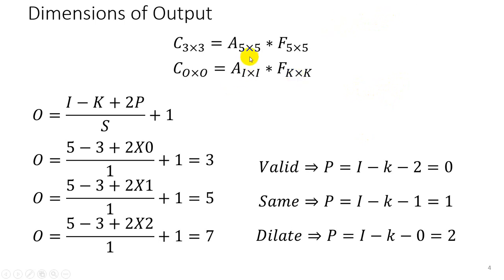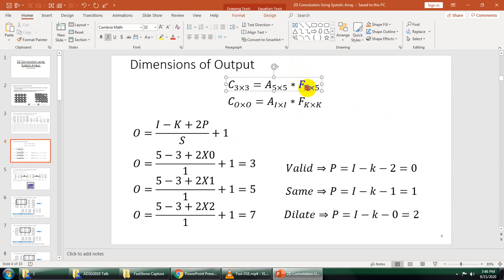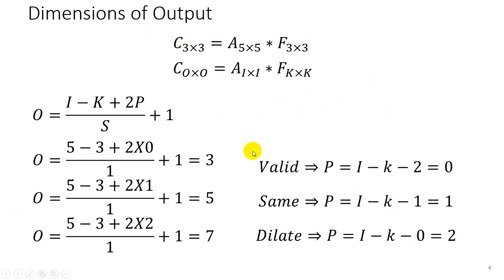If we have input matrix A and we convolve it with a 3 by 3 filter, because the filter should be less than or equal to the input matrix, therefore we have F as a 3 by 3 matrix. There are 3 ways of convolution. First is valid, another is same, and another is dilate, or we can also call this transposed convolution or deconvolution.